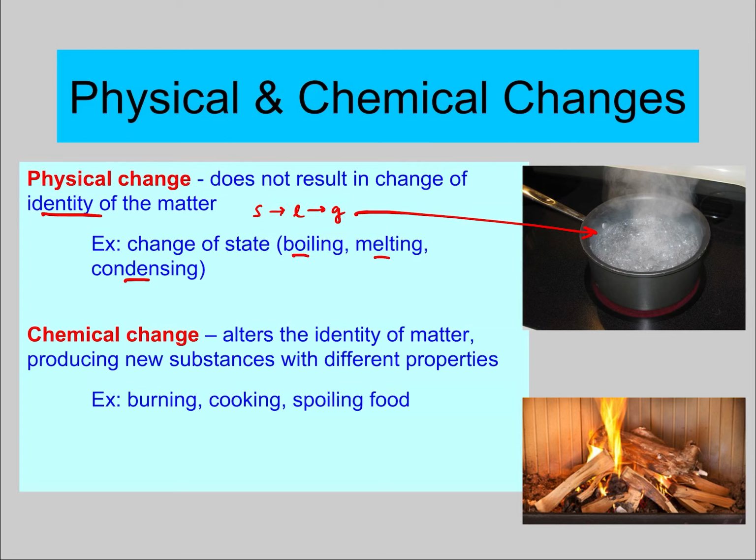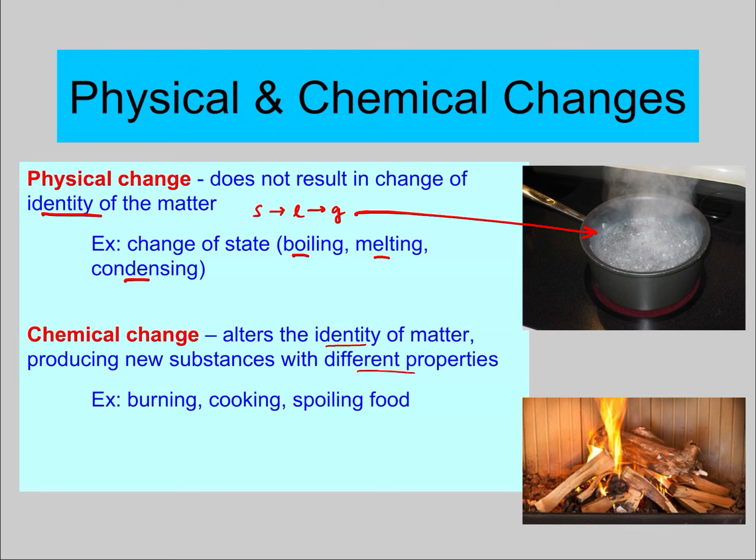If it's a physical change, then it's only going to change the state of matter without changing the identity of the matter. A chemical change, on the other hand, is the exact opposite. This is going to alter the identity of the matter, producing a new substance with different properties.